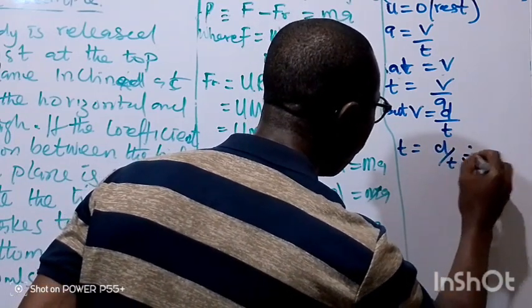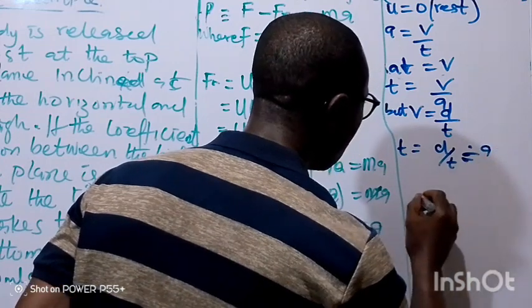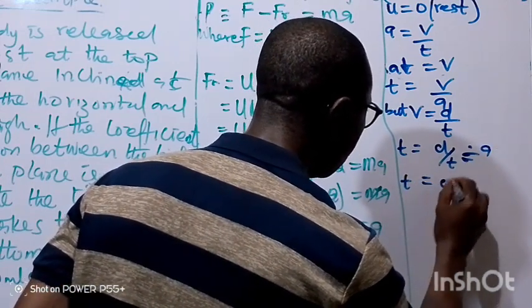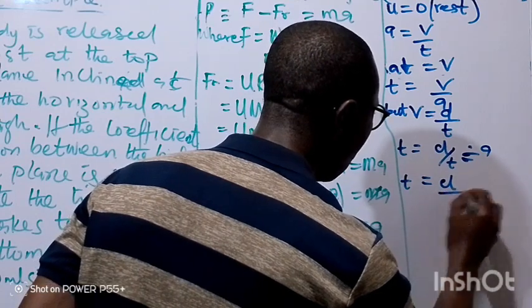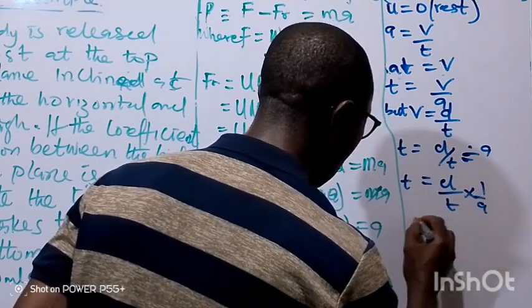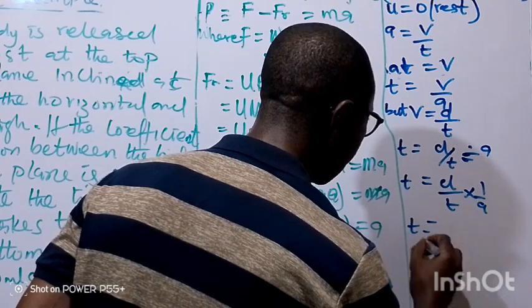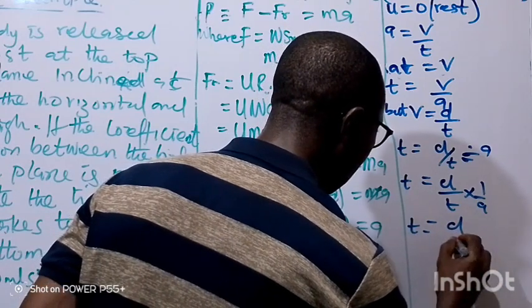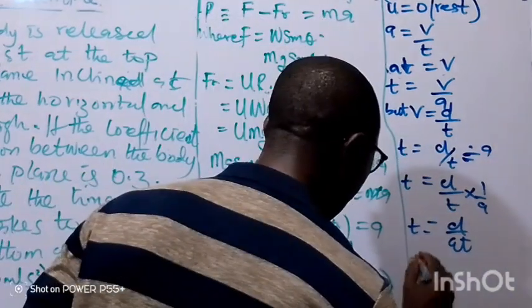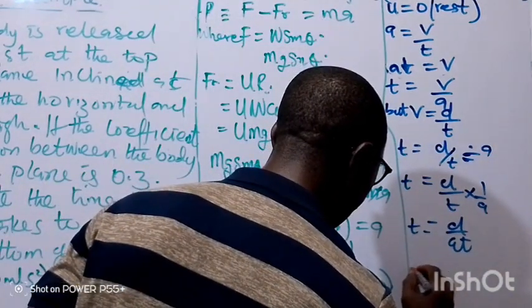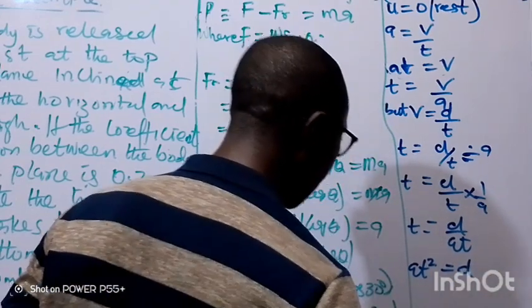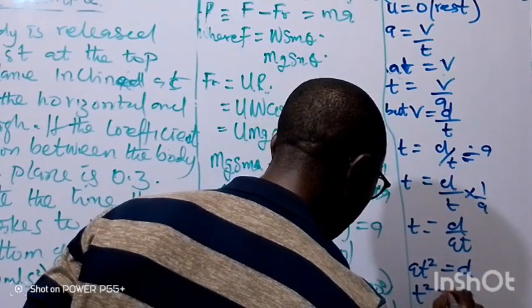So t is equal to d over t multiplied by 1 over a. So we have t is equal to d over at. We still have t here, so we can cross multiply. That will be a t squared is equal to d. So t squared is equal to d over a.